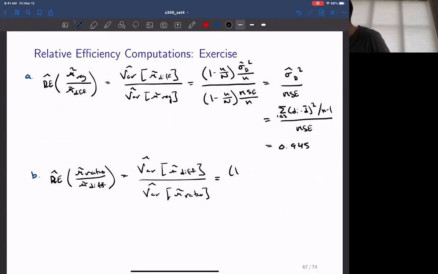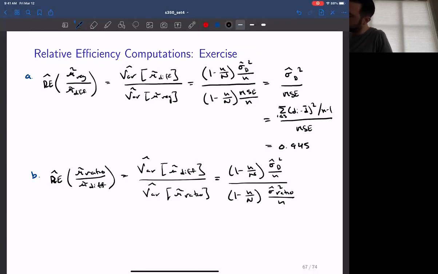Okay, so this is going to be 1 minus little n over capital N, and then we're going to have the sigma hat d again over little n, divided by 1 minus little n over capital N, and now we will have sigma hat ratio, these are all squared, divided by little n. So this is going to give us sigma hat d squared over sigma hat ratio.